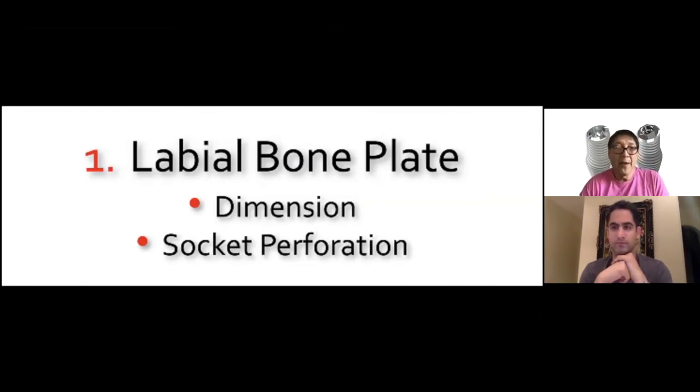For instance, if you had socket perforation, could that compromise the blood supply to the residual buccal plate and lead to its necrosis? We'll discuss that, and I'll show an example of that case later on. So these are really the two factors. Do we have enough bone around the implant on a facial dimension? And could socket perforation compromise that buccal plate?